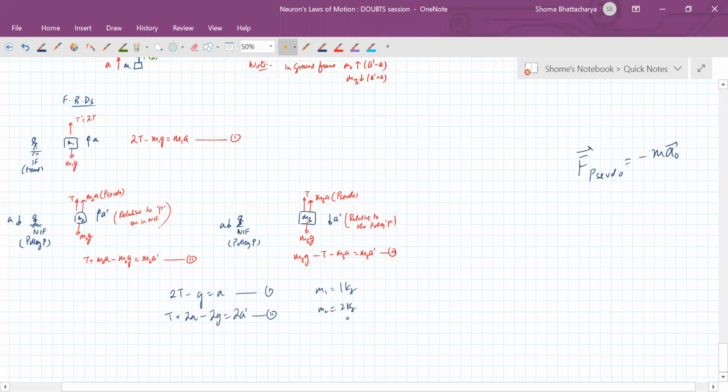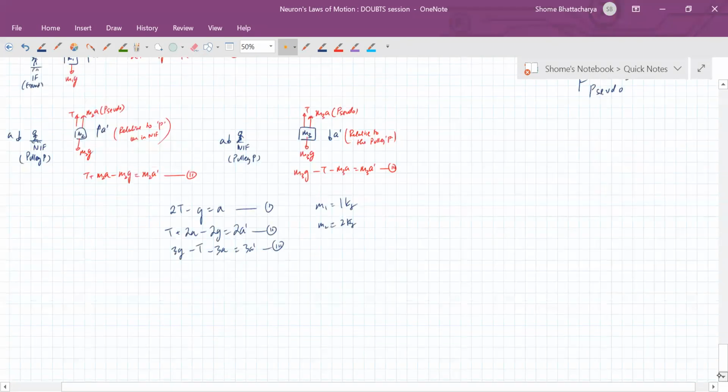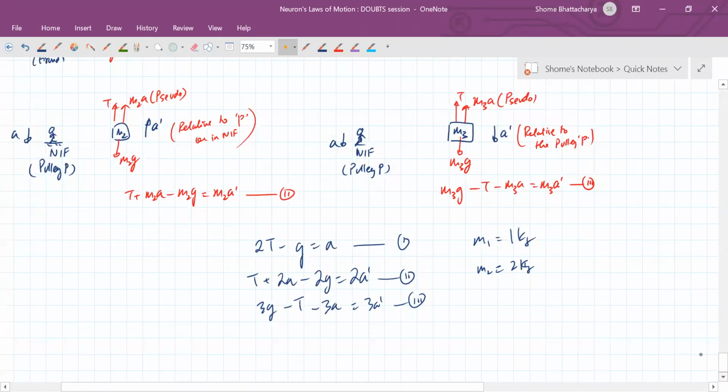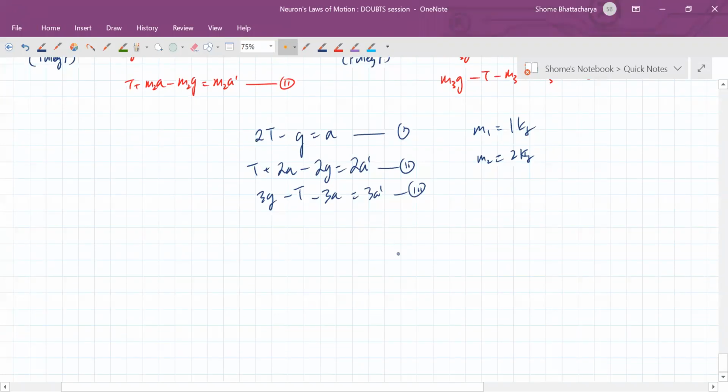Okay. And our equation 3 will become 3g minus T minus 3a will become 3a prime. So these three equations now we have to solve.